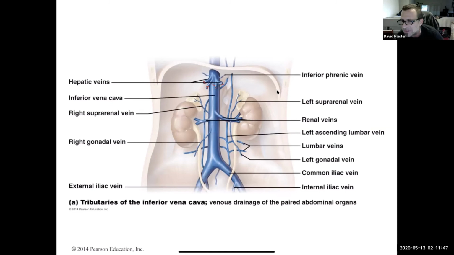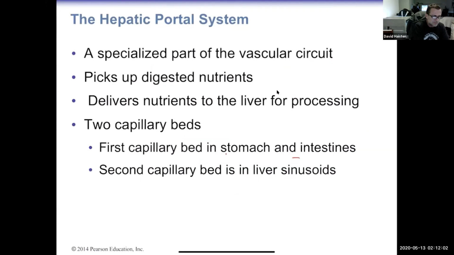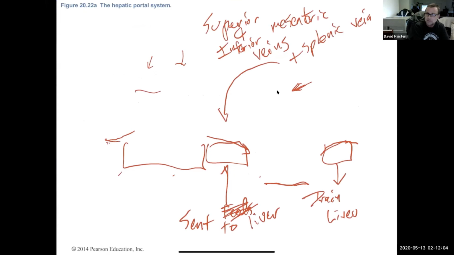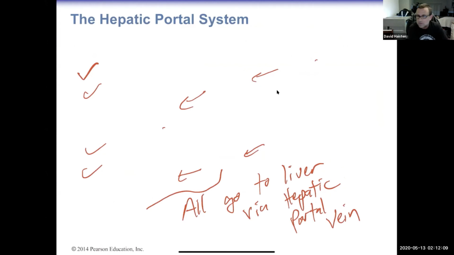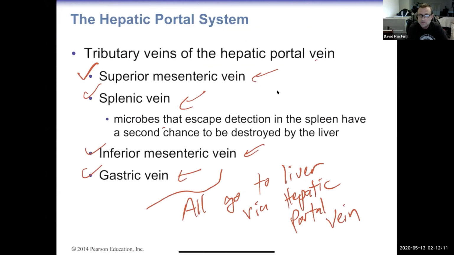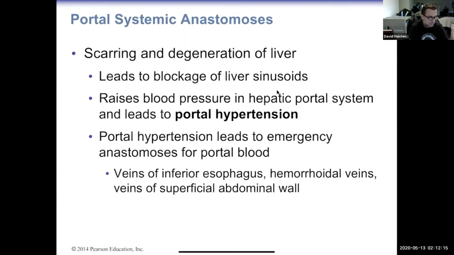Those are draining the liver, going to the inferior vena cava. Any questions on the hepatic portal vein? No? Yes? Okay.